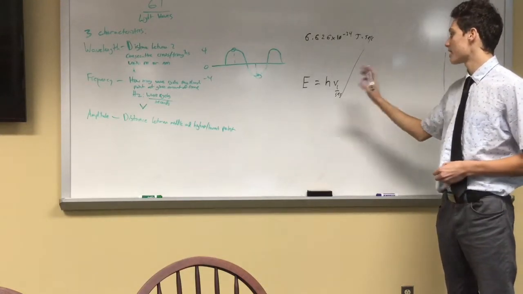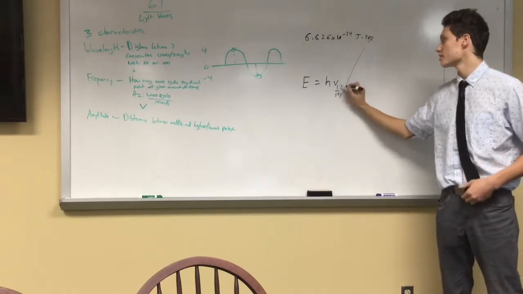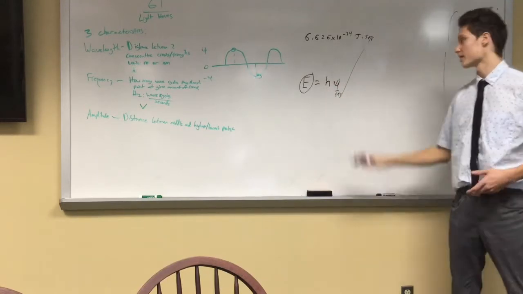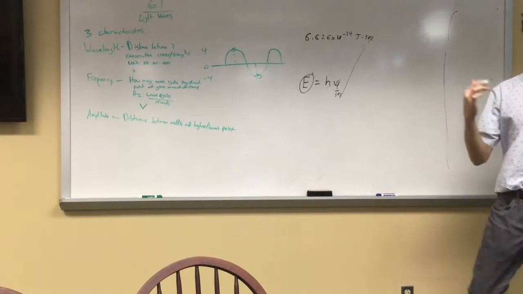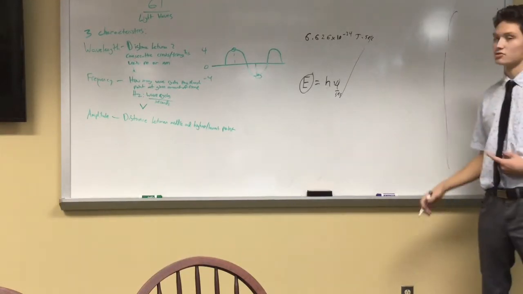Energy and frequency are directly proportional, as you can see by this equation. So as the frequency of any light wave increases, you will have more energy from that light wave in joules.